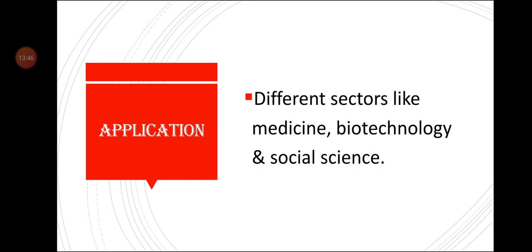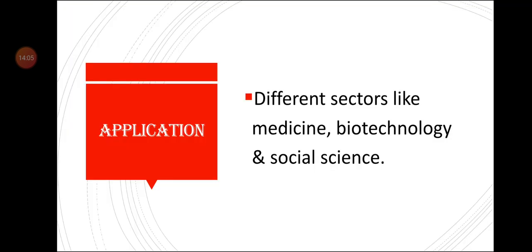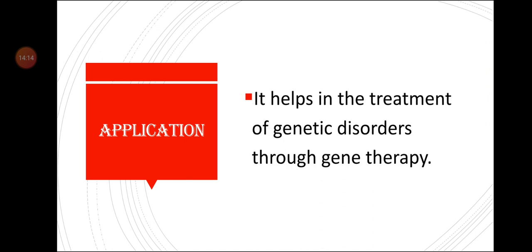I will repeat the applications quickly in short. Jot down the points for application that you have to remember in the exam. First, it is useful in crop improvement, human health and livestock. Second, it is used in different sectors like medicine, biotechnology and social science. Third, it is useful in treatment of genetic disorders through gene therapy.